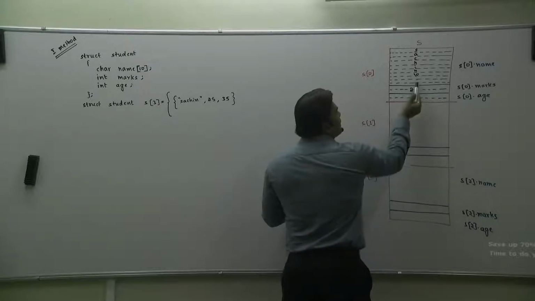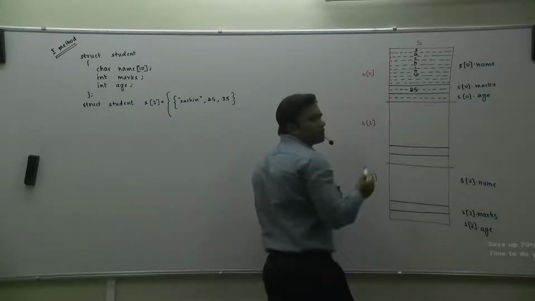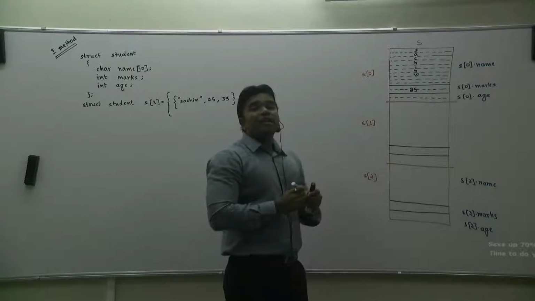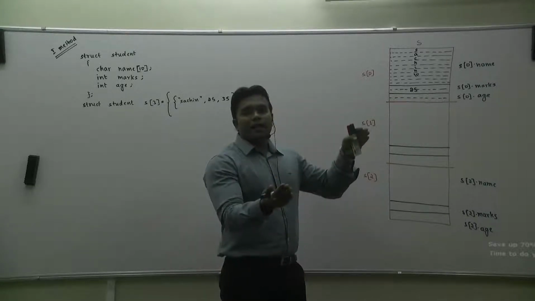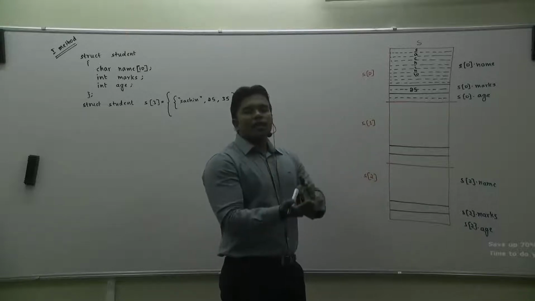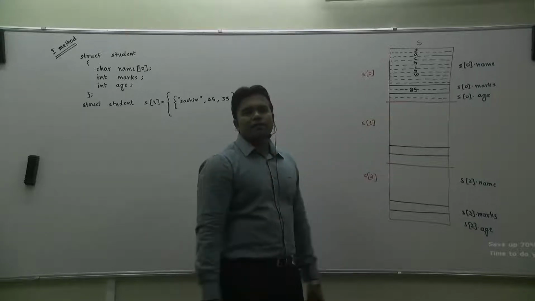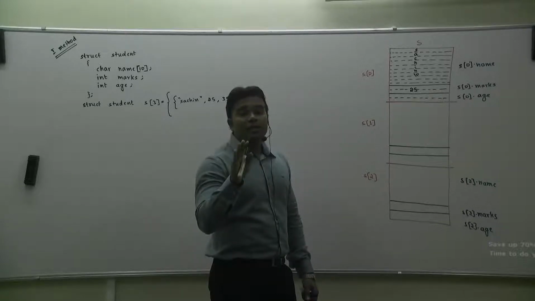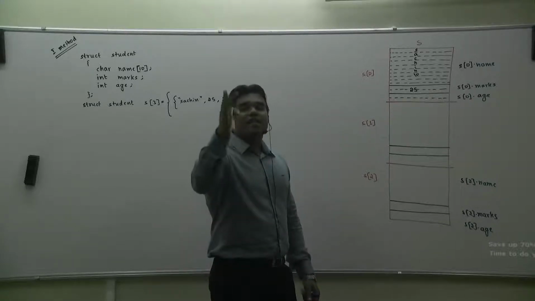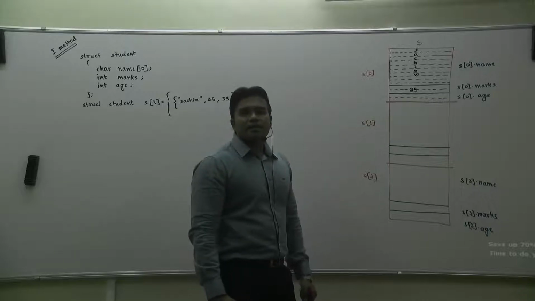Sir, then these bytes are wasted. That is the limitation of an array, that you have to declare it, and later if you use it partially, the remaining part will go a waste. That is a limitation of the array. Array that way has many limitations, which is why linked list data structure came into existence.